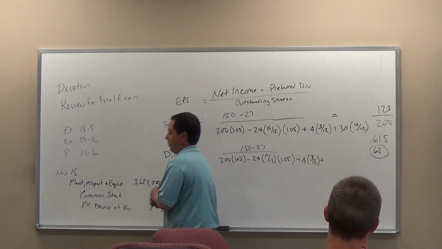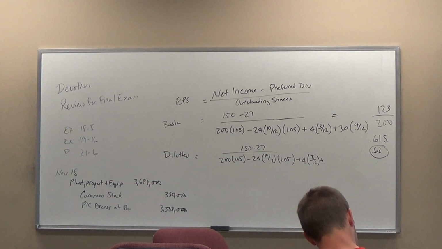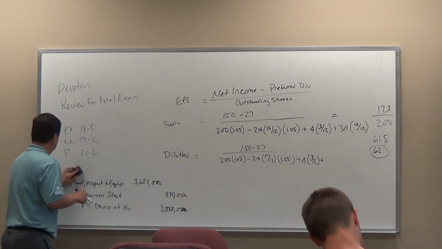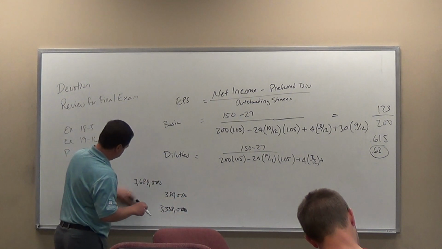Now we got to figure out some other things here. So remember, we have to figure out how many millions of shares we have available out there for the exercise, and how much it would cost us. Remember that? Because sometimes we can't purchase it for what we had it out there for. All right, so what we need for this, look at this over here. We need 30 million shares, right?